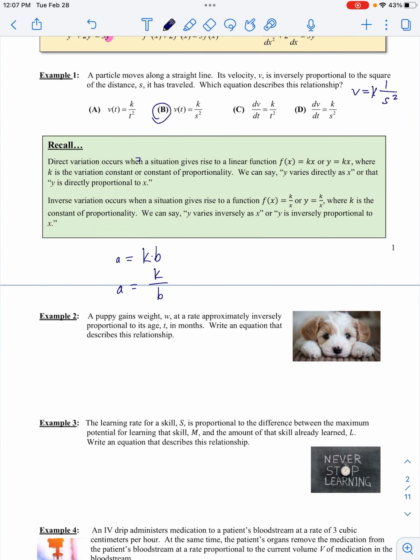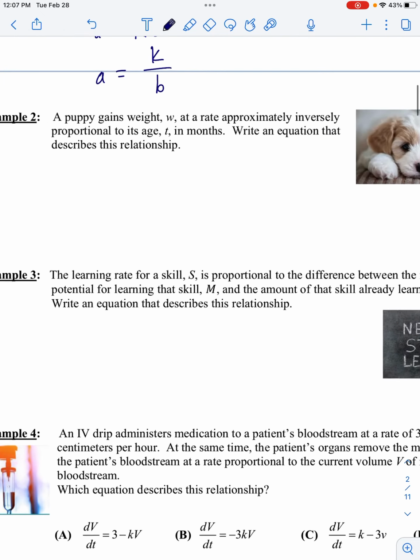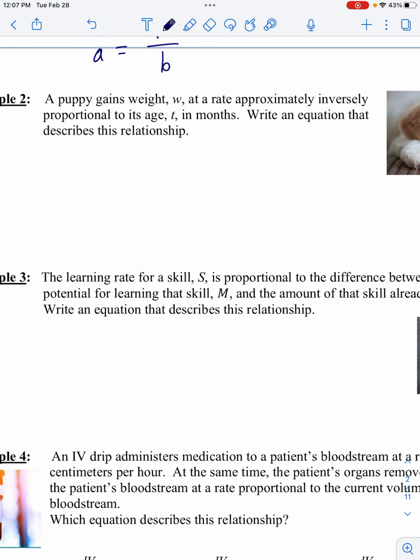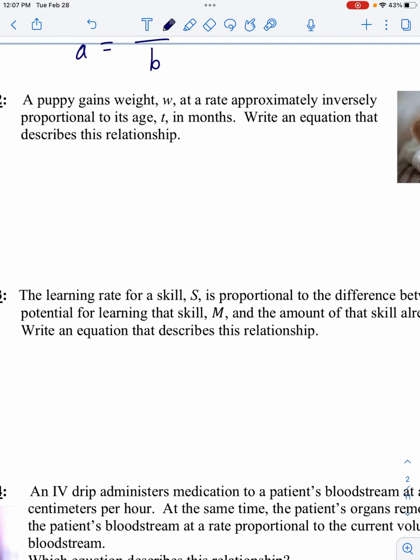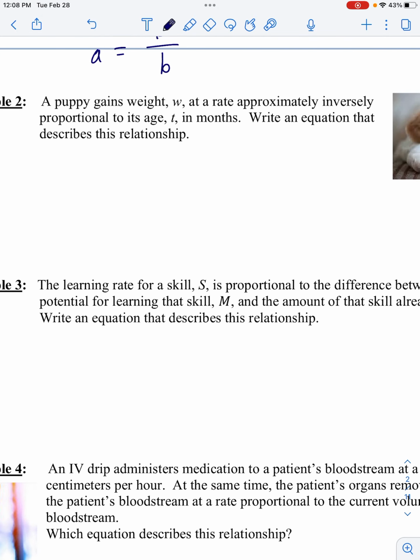Example 2. A puppy gains weight at a rate approximately inversely proportional to its age, t in months. Write an equation that describes this relationship. It talks about the puppy's weight, w, but what did they actually describe? They said the rate at which the puppy gains weight is inversely proportional to its age.